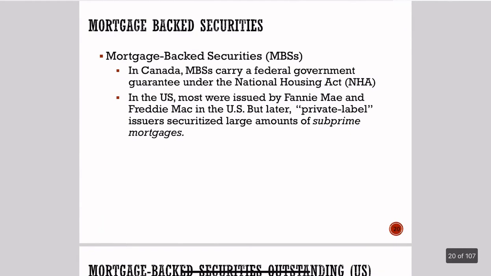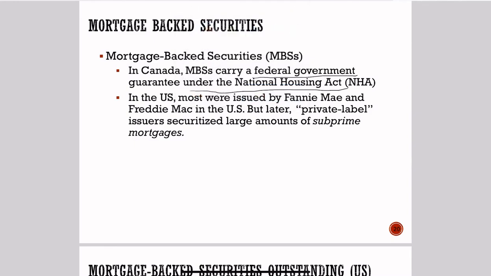In Canada, MBSs are generally lower risk compared with MBSs in the US. The reason is because MBSs in Canada are guaranteed by the federal government under the National Housing Act.